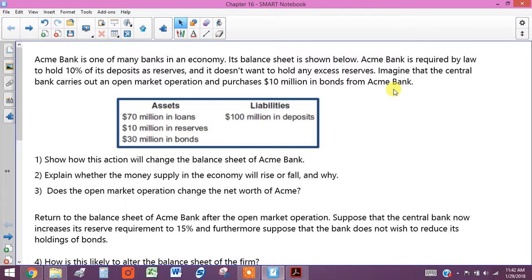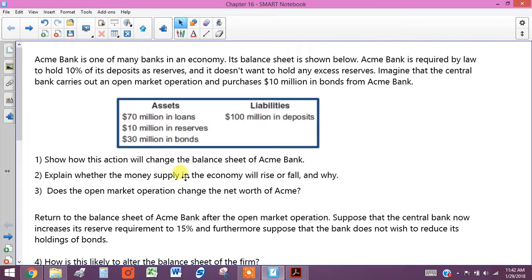Well, the money is flowing from the Federal Reserve Bank to Acme Bank. So Acme Bank is going to gain $10 million in cash by selling $10 million worth of their bonds to the central bank.